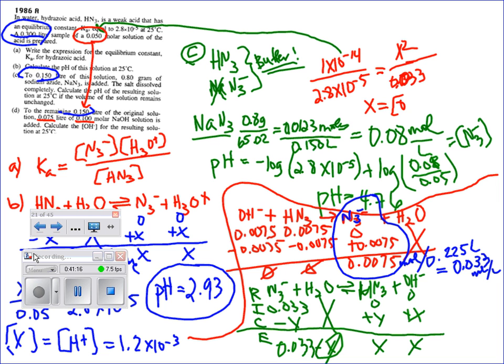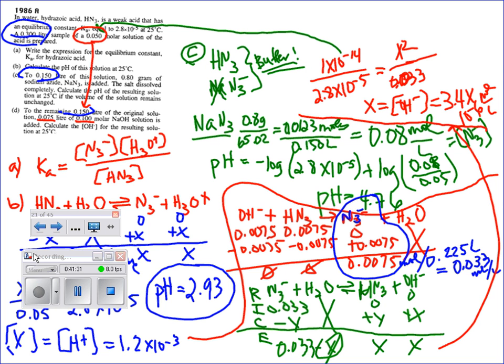I end up getting an x, which is equal to the OH minus concentration, which is all I need to solve: 3.4 times 10 to the negative 6 moles per liter. Yep. This is why these problems are crazy confusing. All right. We start titrations tomorrow.